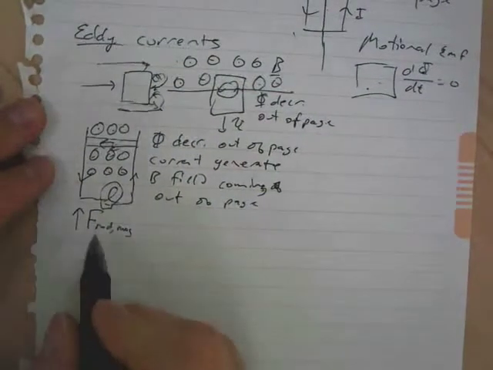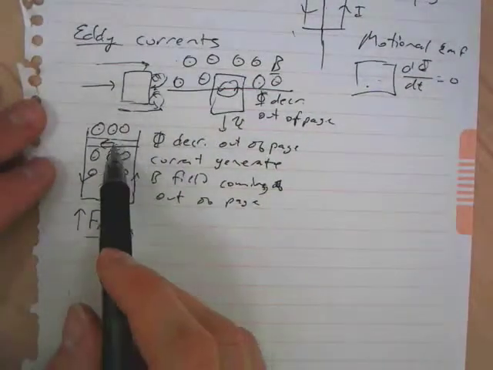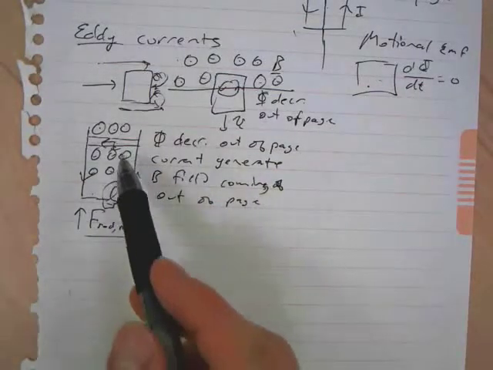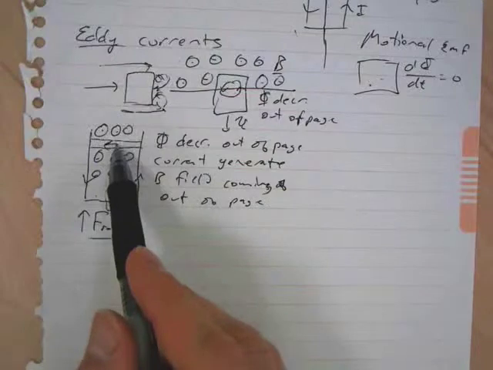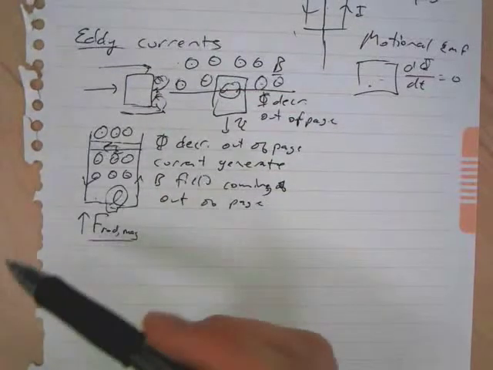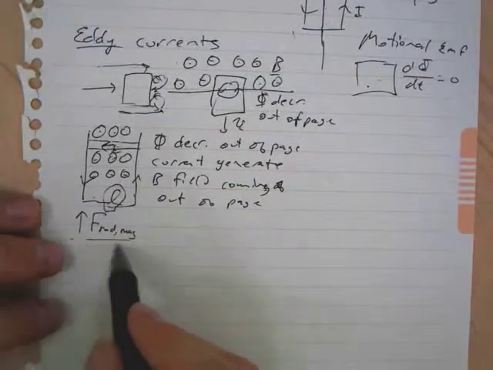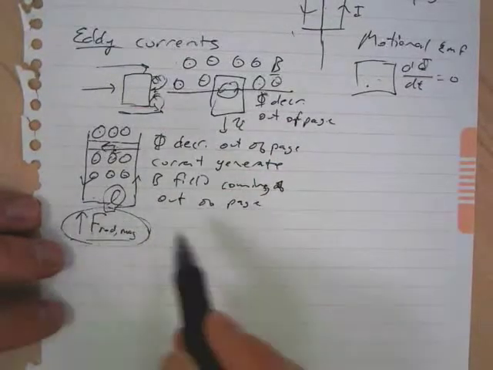And this magnetic force, the current that's generated, is proportional to the change in flux. So gravity will accelerate this rod, and it'll get faster and faster. But once it gets to a certain speed, this magnetic force is increasing with the velocity.